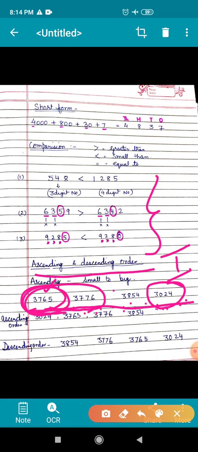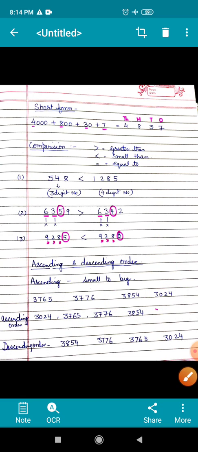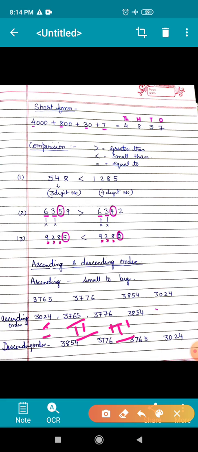Okay, so after 3024 you will write 3765. After that this will be the third number, and after that this will be the fourth number. So you can see I have written 3024 is the smallest among all, so it is written on the first place. After that this one, then third, and finally we have written the greatest number.